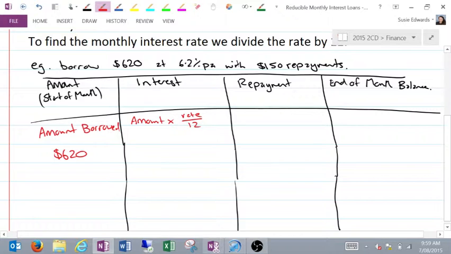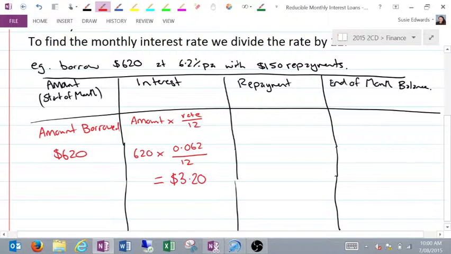So for this, we're going to go 620 times by 0.062 divided by 12. And we will need some calculators working today. All right. Everyone agree? Okay.